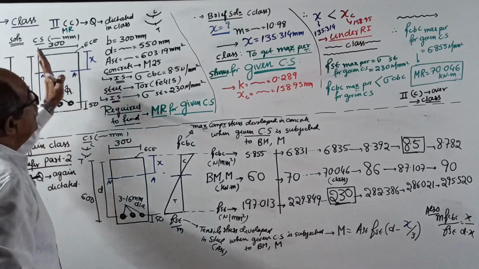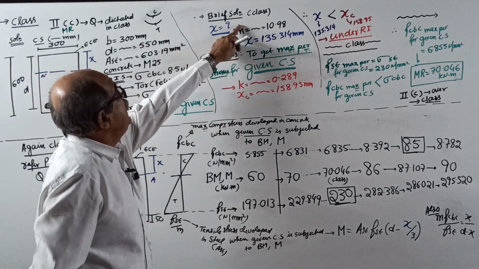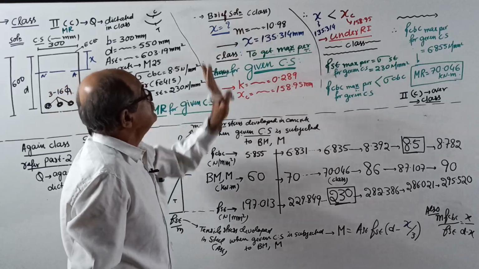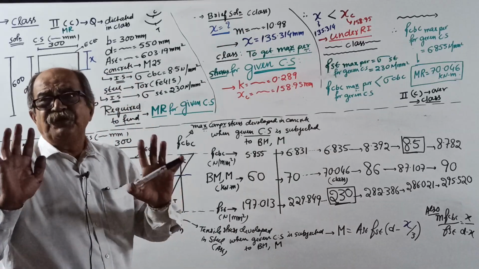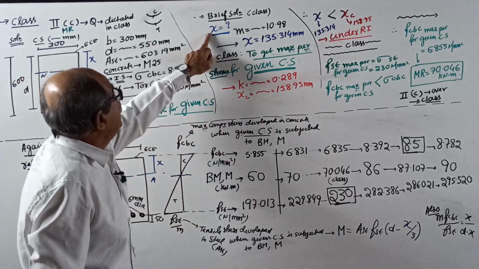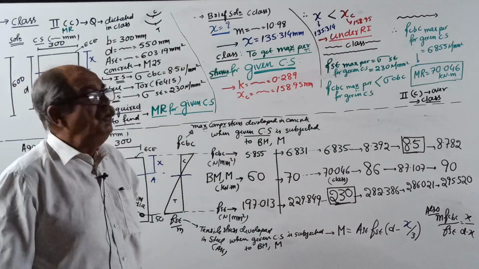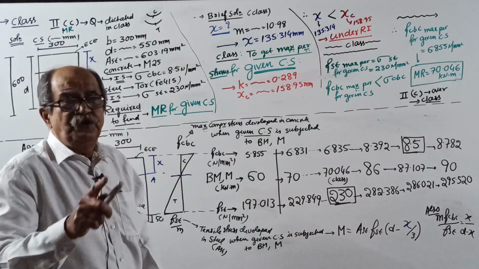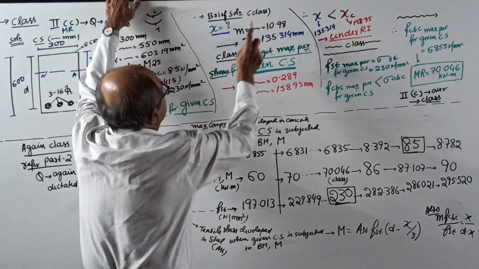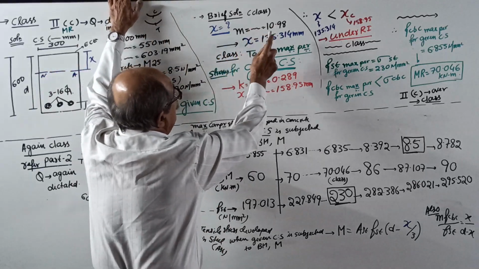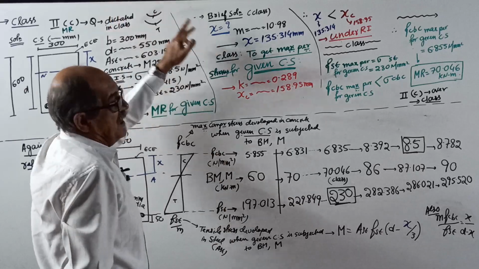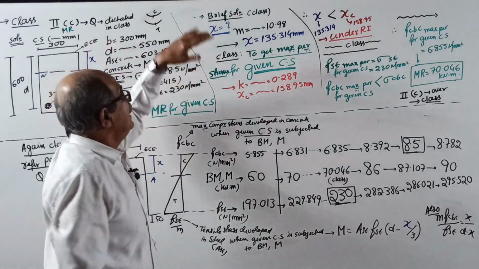Now, continue. Brief solution. Correctly follow the procedure for MR. X you require. You require m. m you have to calculate. How to calculate? Already told, you calculate, m will come 10.98, x will come 135.314. Actually the same x came there also.